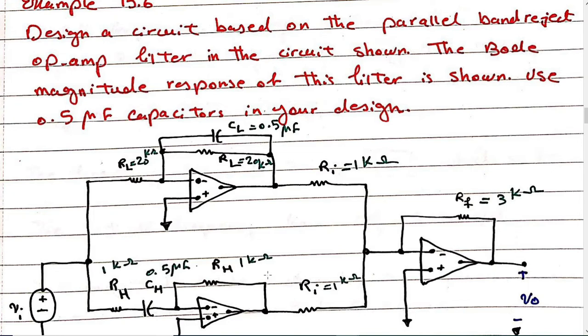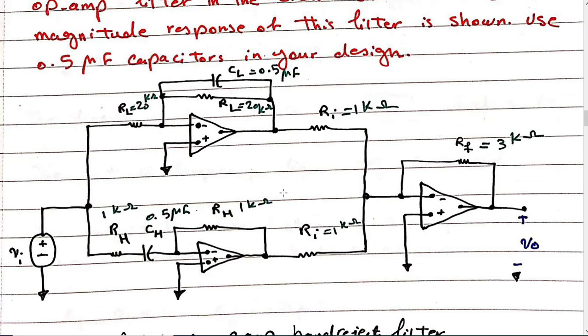The question asks us to use 0.5 microfarad capacitors in your design. Why do we have this kind of circuit? Because the question is about a band reject filter. For the two capacitors we have over here, we use 0.5 microfarad. Now we want to calculate the values for RL, RH, RF, and RI.